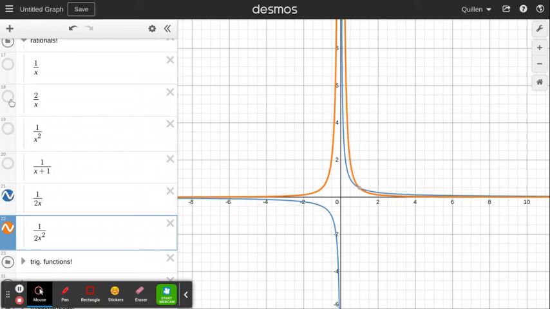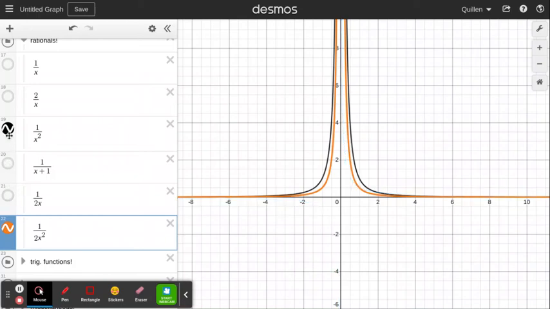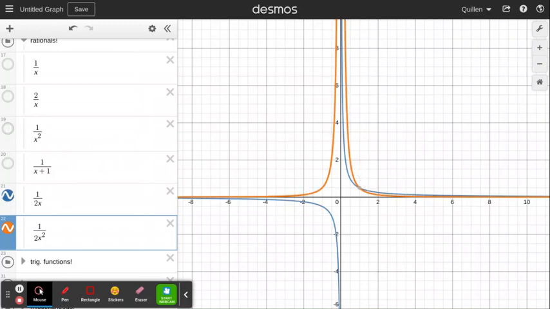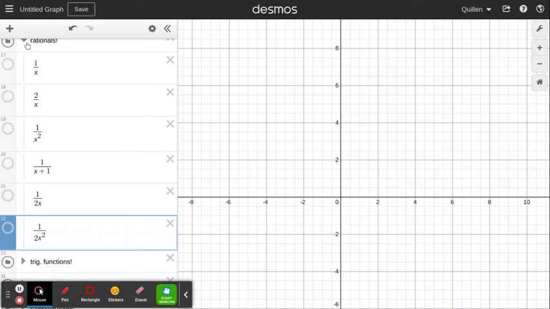But it's even less bulgy than either 1 over x squared or 1 over 2x on its own. And that's because you're combining those two. This is, again, multiple functions being done at the same time to this x.